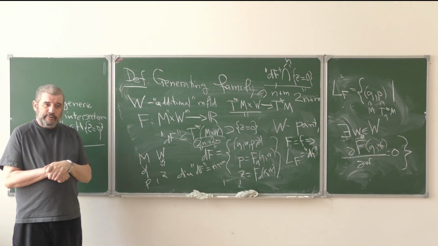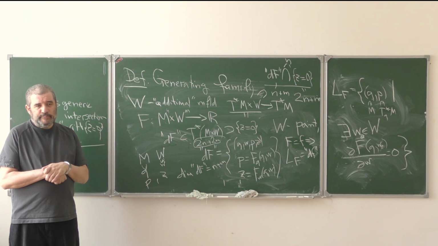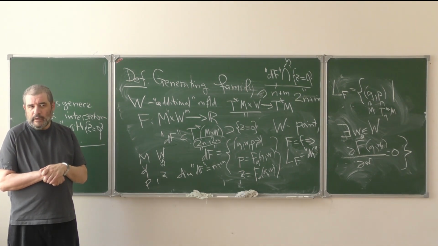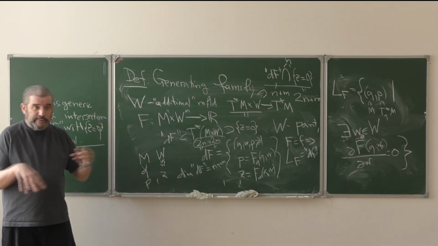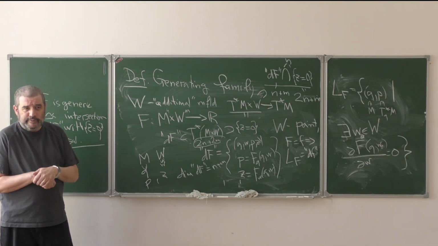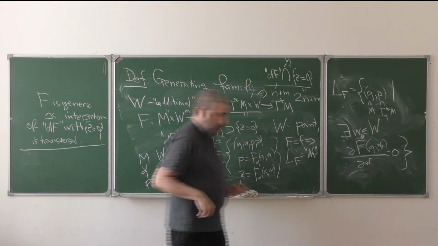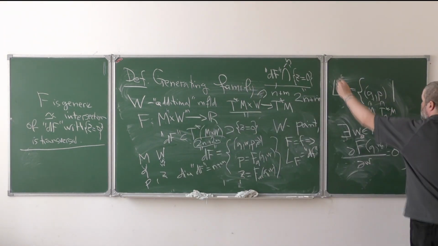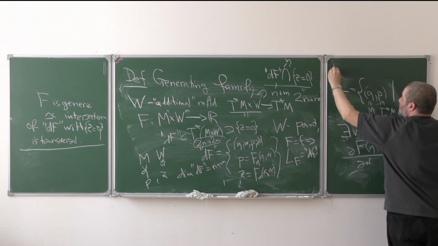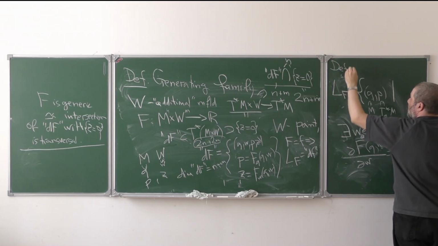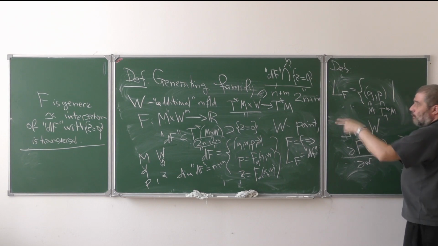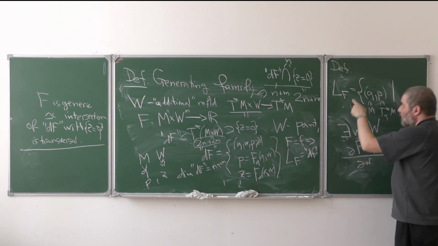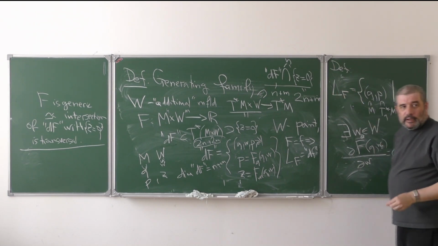Generating functions, by the way, it seems to me were known and used like 200 years ago. But families, it is like 60 years ago. It seems to me. Probably I'm wrong. So that is the definition of a generating family. Yes, and F is called a generating family for that Lagrangian manifold.